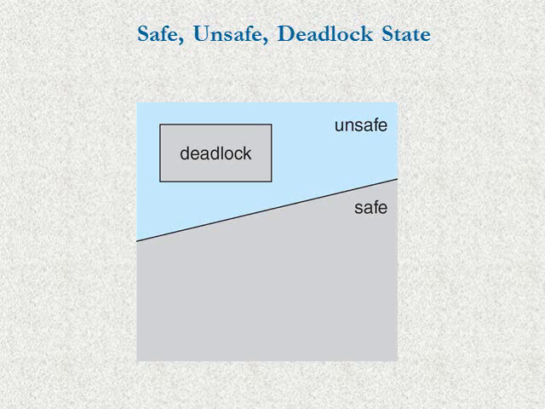So if the system is in the safe state, there is no possibility of a deadlock. However, if the system is in the unsafe state, it is still not confirmed that there will be a deadlock in the system. However, there is a possibility of a deadlock when the system is in the unsafe state.